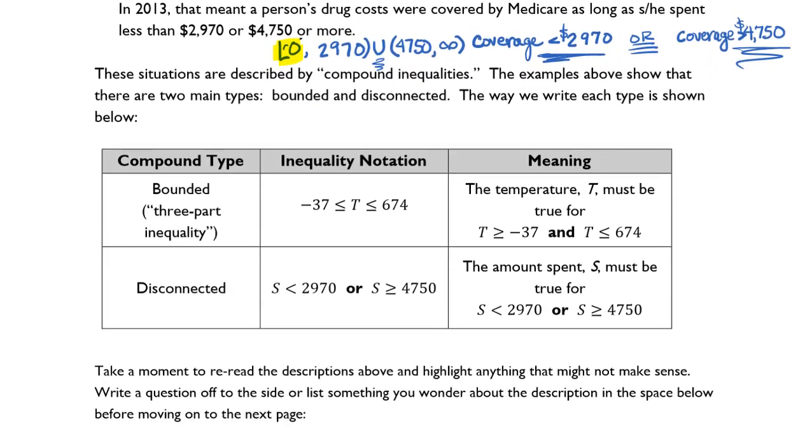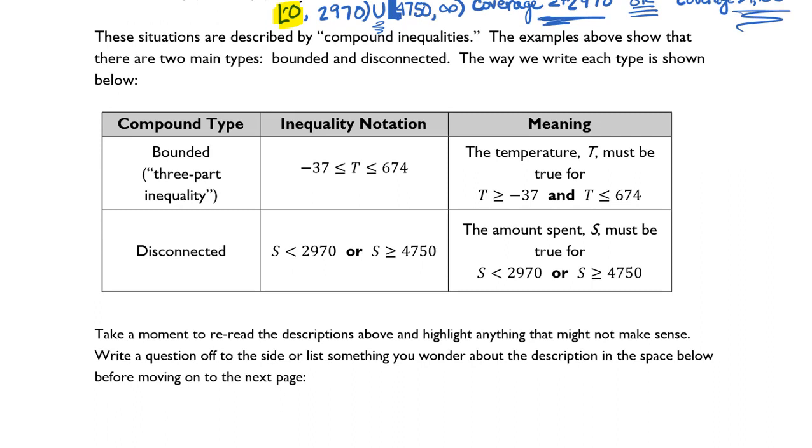Now, what we just looked at describes compound inequalities, meaning there's two pieces to the puzzle. These examples above show that there are two types. There are bounded and disconnected.